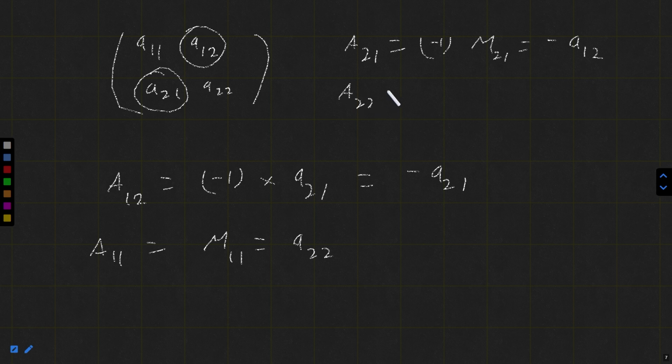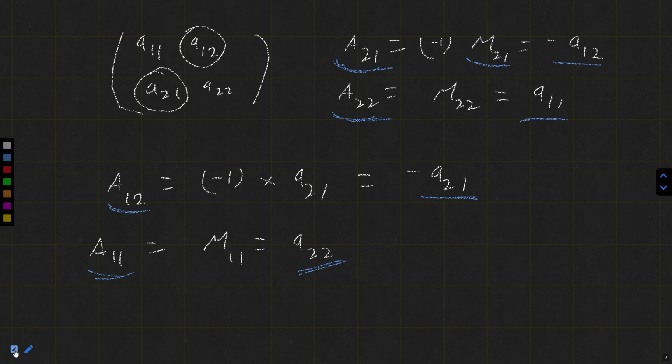What about A22? A22 will be minus 1 to the power 4, so this means 1. Now M22 will be A11. So if you know how to evaluate minors, you can directly evaluate your cofactors. Clear? So the cofactor of A11 is A22, A12 is minus A21, A21 is minus A12, A22 is A11.